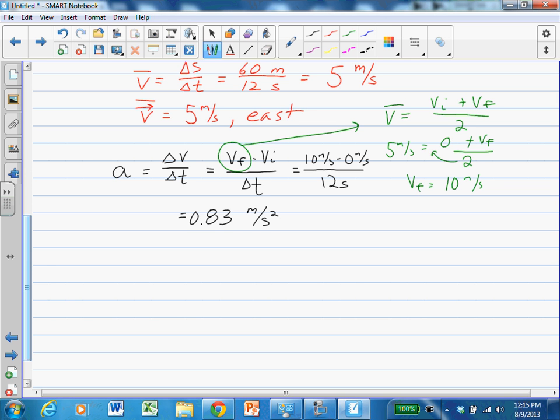Meters per second over seconds is meters per second squared. And the vector version of the acceleration would be 0.83 meters per second squared east, because that's the one direction it's going in.